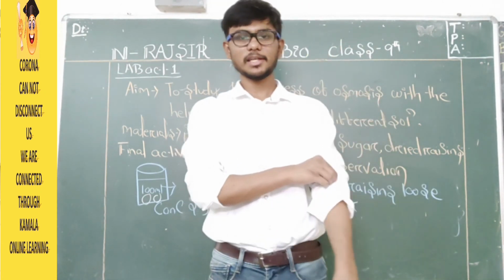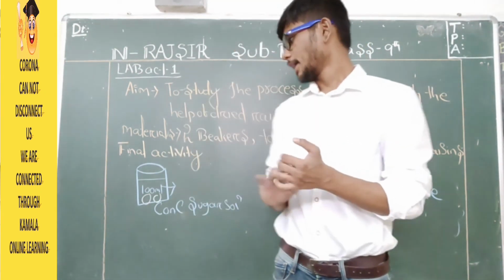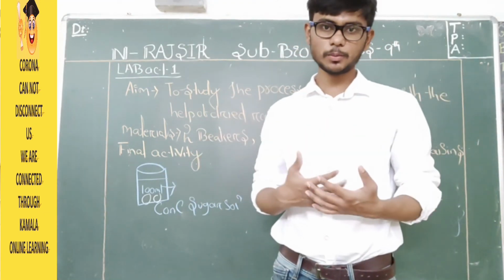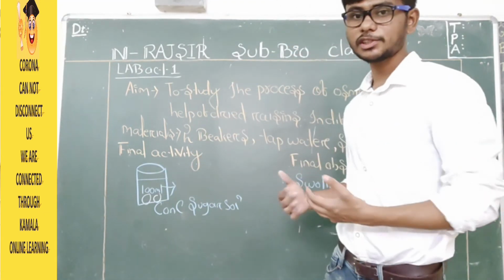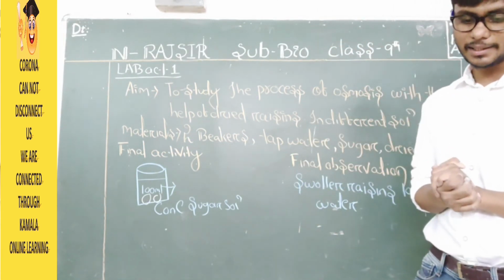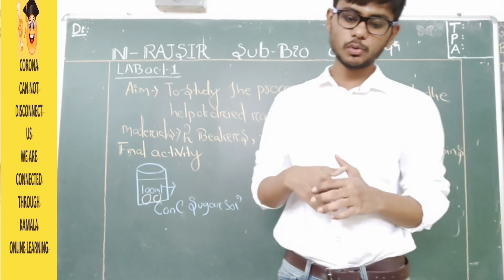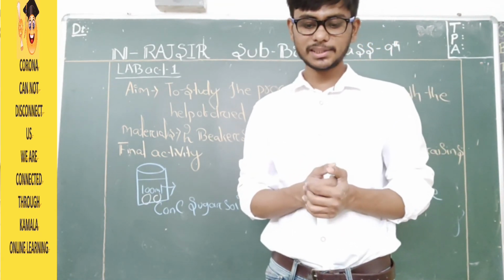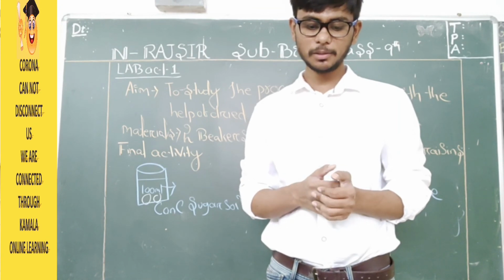So what exactly have we learned? After writing aim, materials, primary activity, primary observation, final activity, final observation, now you need to write learning. In learning, what we have learned is that the weight of the swollen raisins is more than that of dry raisins. This is because the cells present in the outer layer of the raisins permit water to pass through.